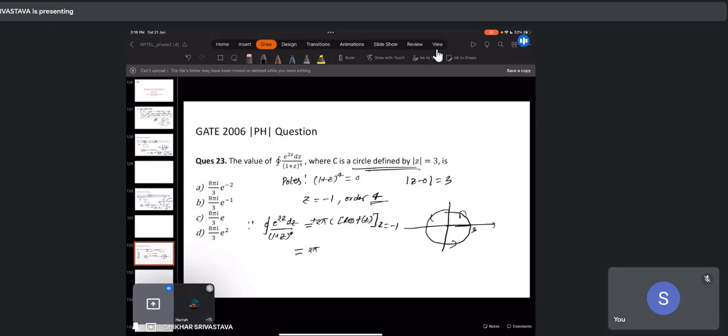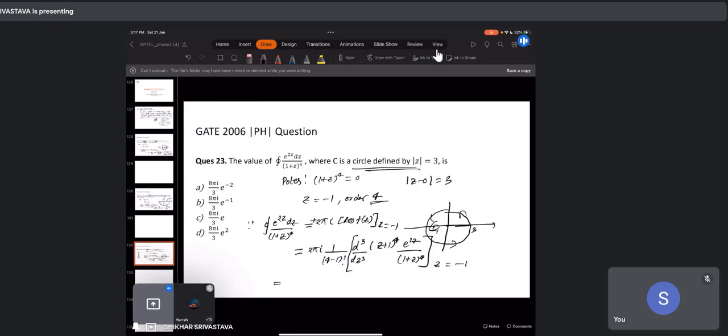So it will be 2 pi I times 1 upon (4 minus 1) factorial, d^3 by dz^3 of the (z plus 1)^4 times the function e^(2z) upon (1 plus z)^4 at z is equal to -1, because the radius is 3.